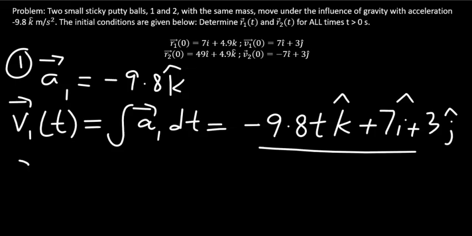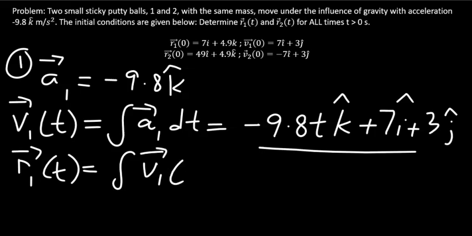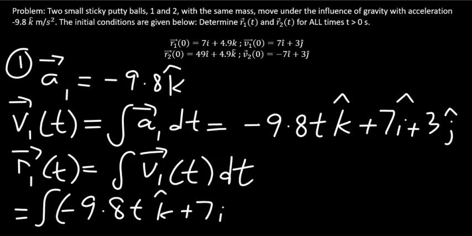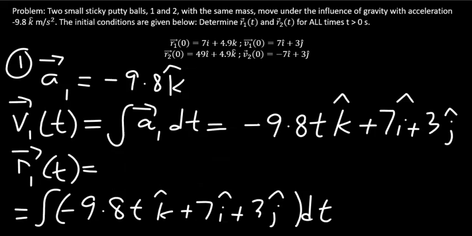Now let's proceed to determine its position vector, r1(t). In order to get that, we need to integrate the velocity vector as a function of time with respect to time. So let's substitute the expression. It's minus 9.8 t k hat plus 7 i hat plus 3 j hat. Integrate that with respect to time.